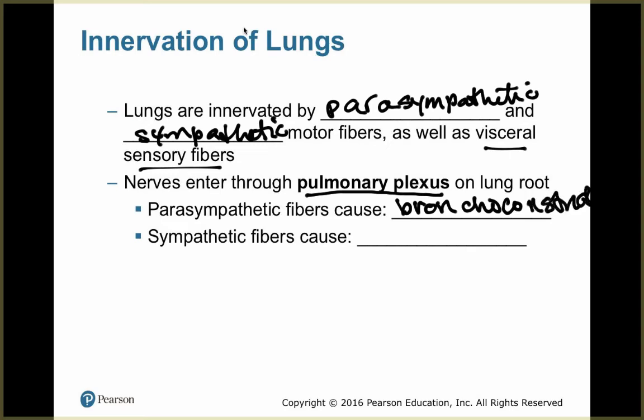Parasympathetic fibers cause bronchoconstriction, and sympathetic allows for dilation. So that's essentially how we get the lungs to work through our nervous system.